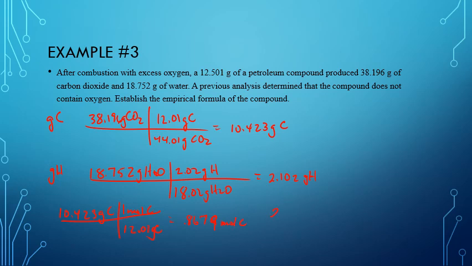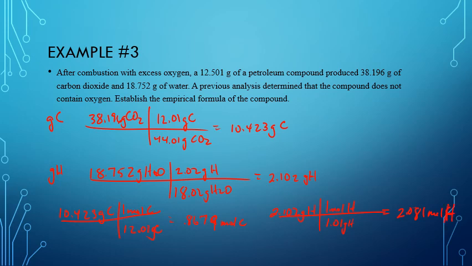And then we're going to do the same thing with hydrogen, 2.102 for my grams of hydrogen, 1 mole equals 1.01 grams, and I'm left with 2.081 moles of hydrogen.